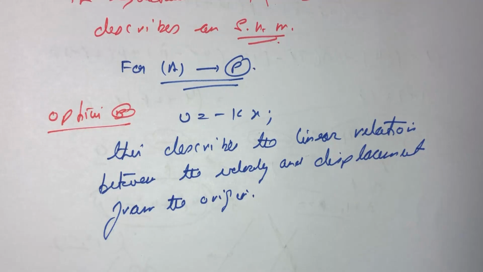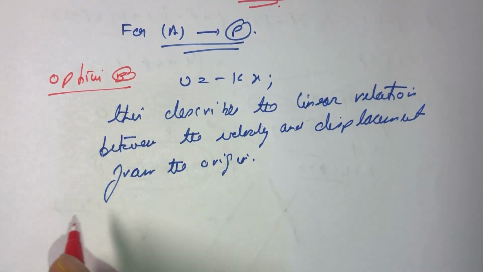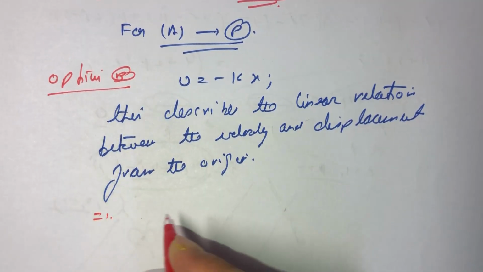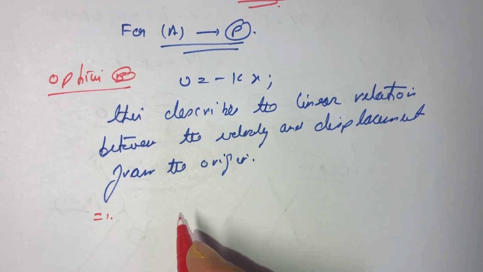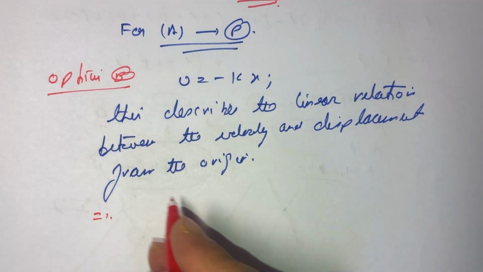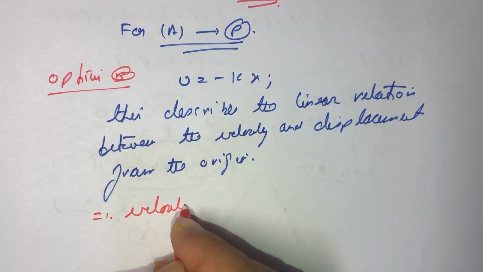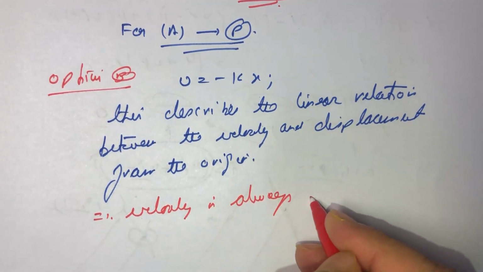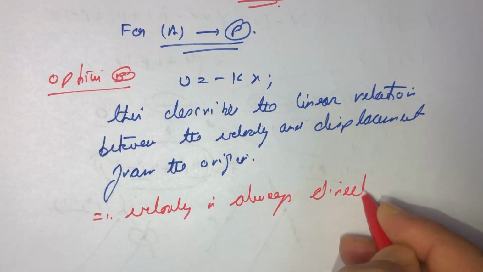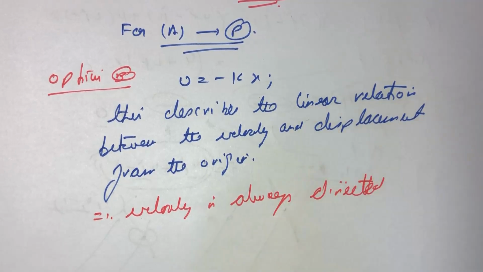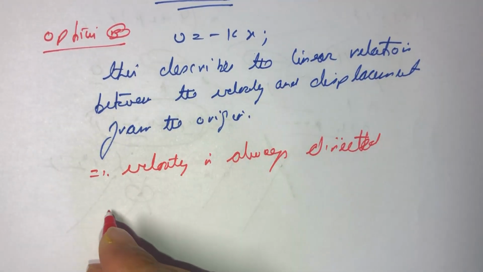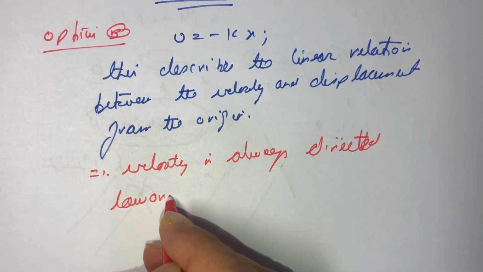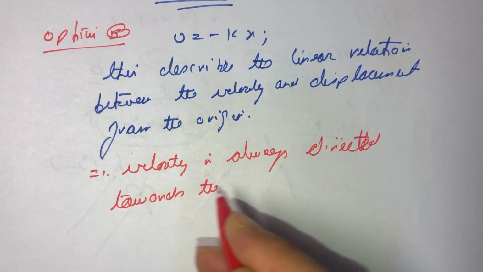And this also tells us that the velocity is always directed towards the origin.